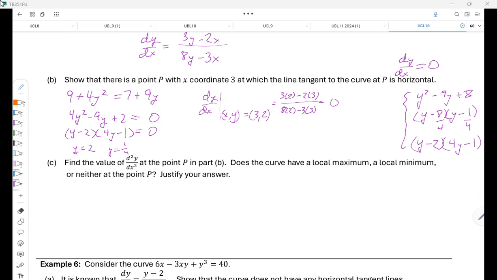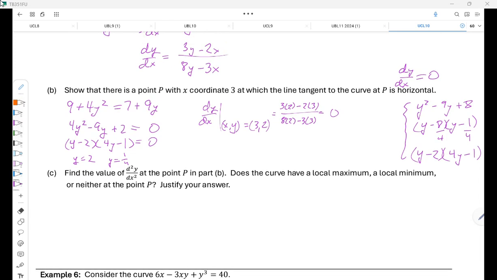So where is our derivative? There's our derivative, 3y minus 2x over 8y minus 3x. That is going to be a quotient rule problem. So d squared y dx squared equals 8y minus 3x, but squared.